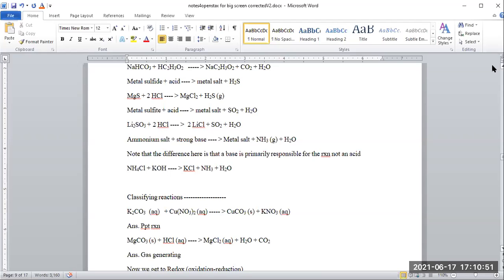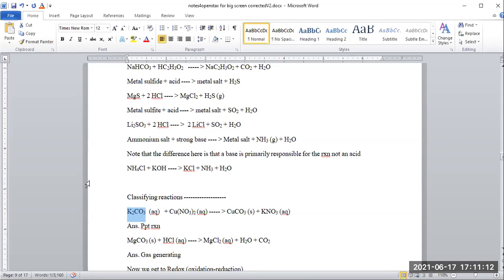So if I look at the top one there, the one that starts with potassium carbonate. I've got two things on the left-hand side, both of which are aqueous. Neither of them is obviously an acid or a base in any way.